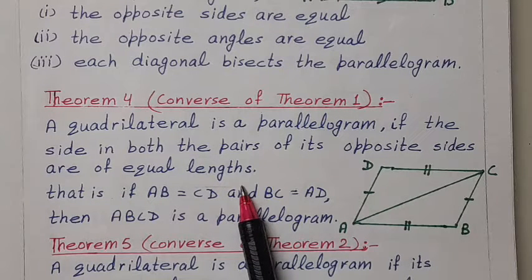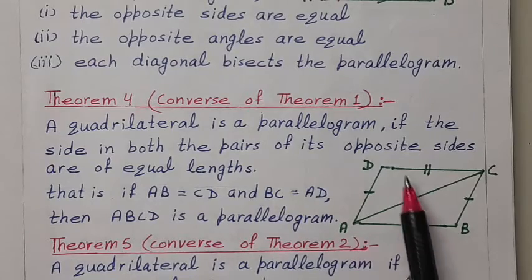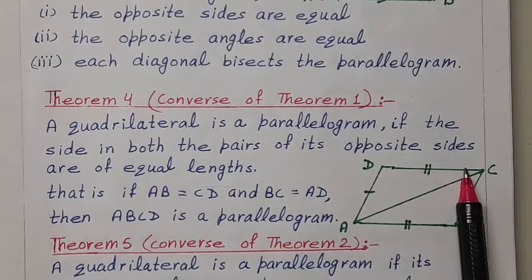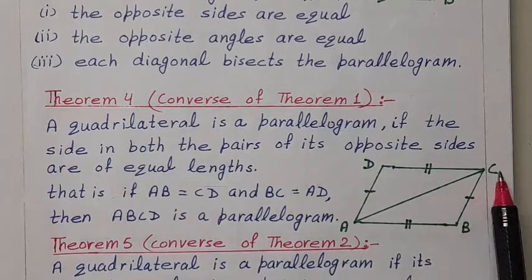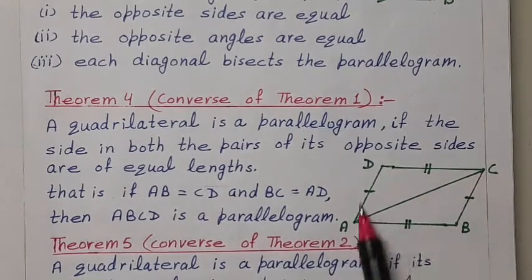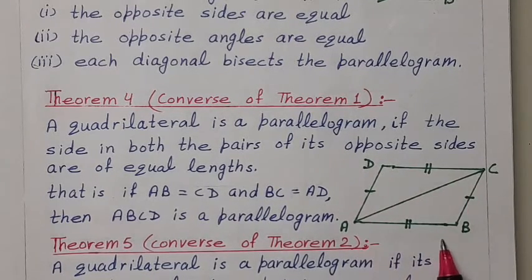That is, if AB is equal to CD and AD is equal to BC, then ABCD is a parallelogram.